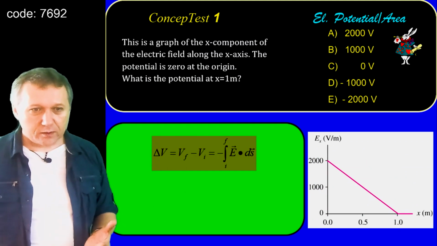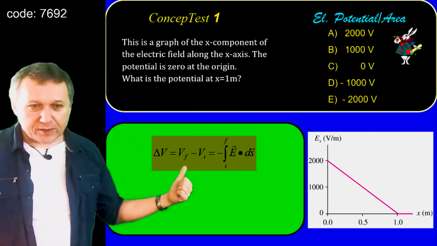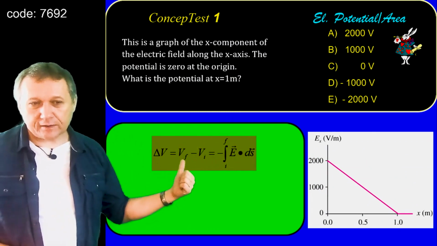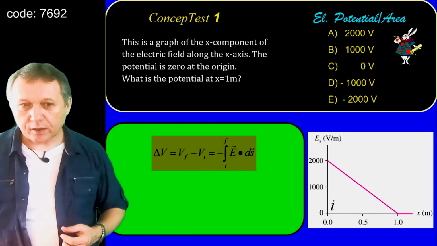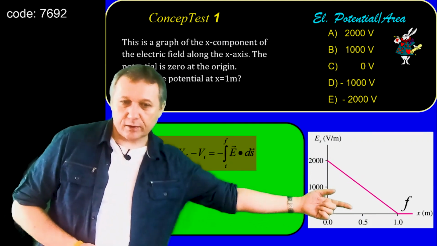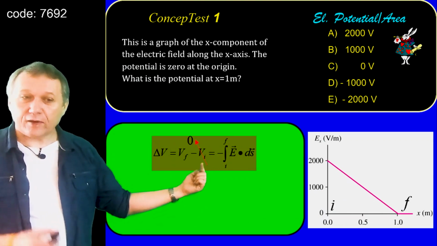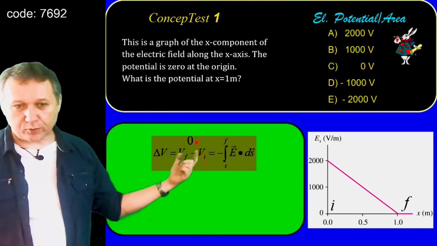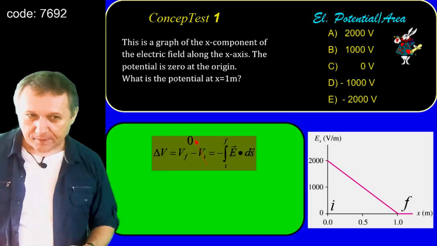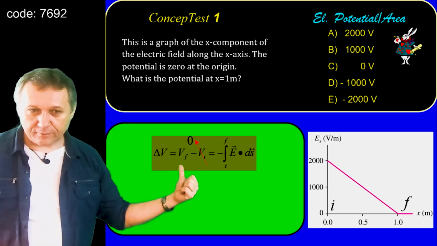So V final is the value of the electric potential at point 1. That is the initial point, and that is the final point. And the value of the electric potential at the initial point is 0. That's our unknown V final.